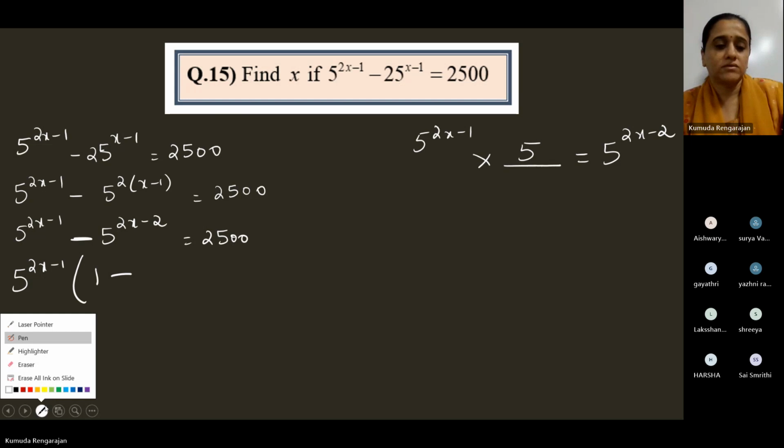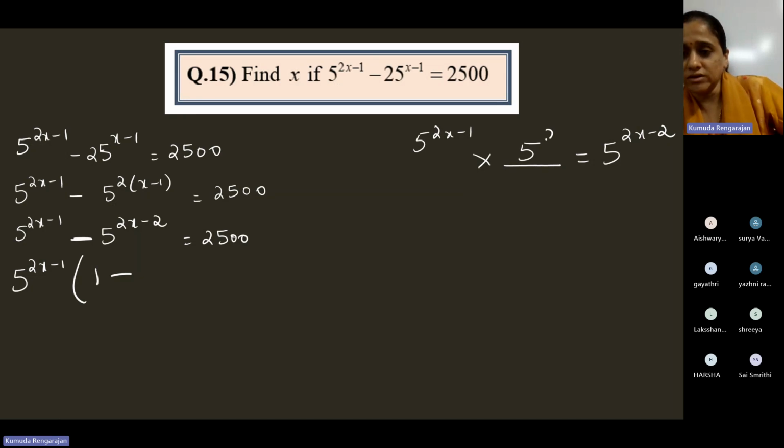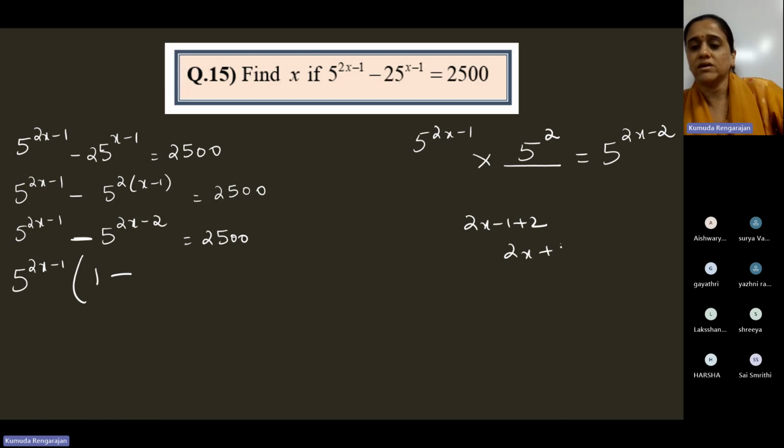Is it 2? Okay, let's just try that. If you put a 2 here, then 2x minus 1 plus 2. Add the power, so you will get 2x plus 1. But you should get 2x minus 2.